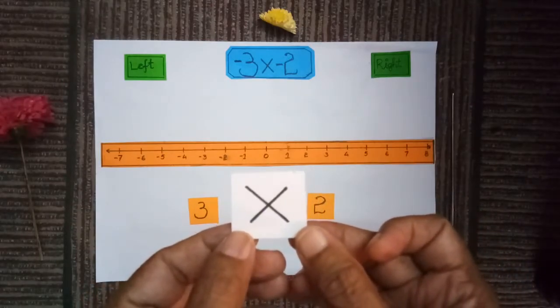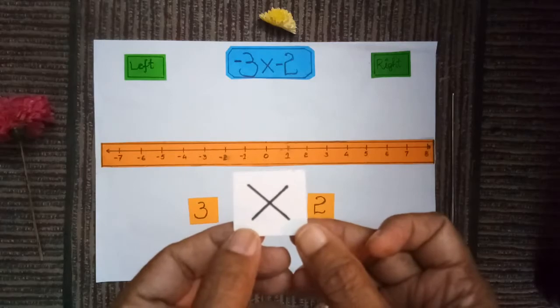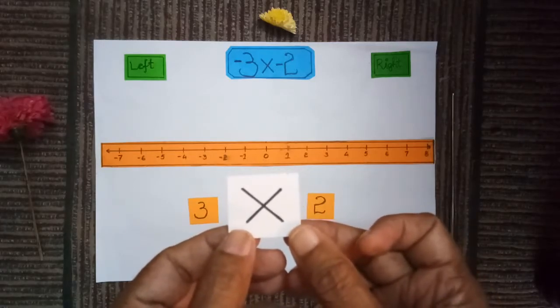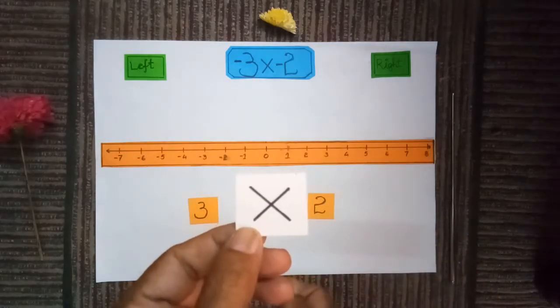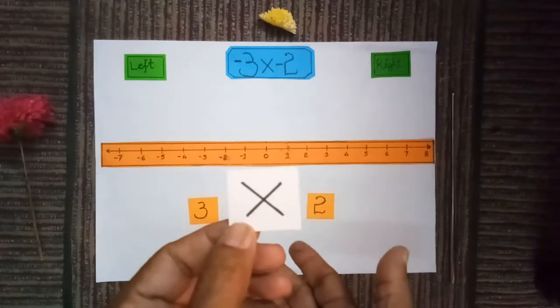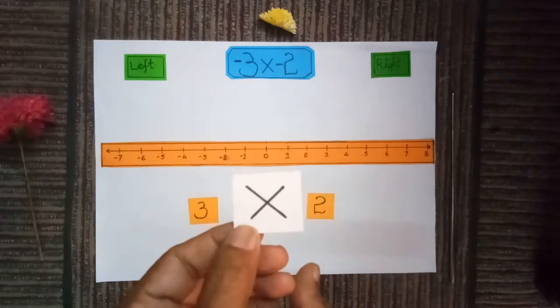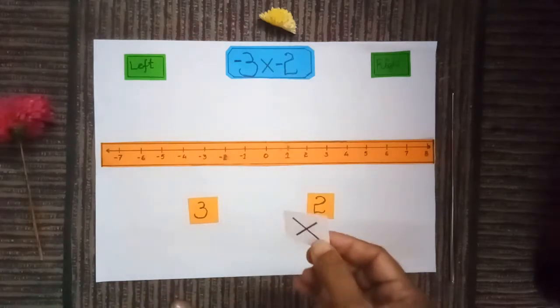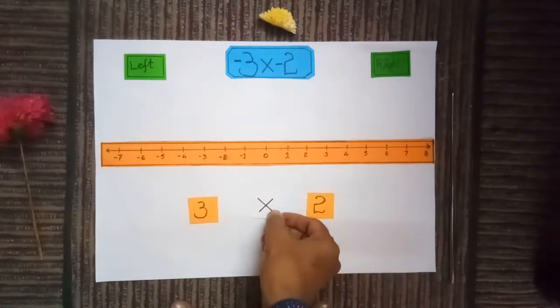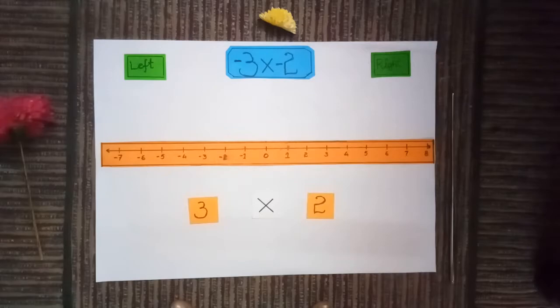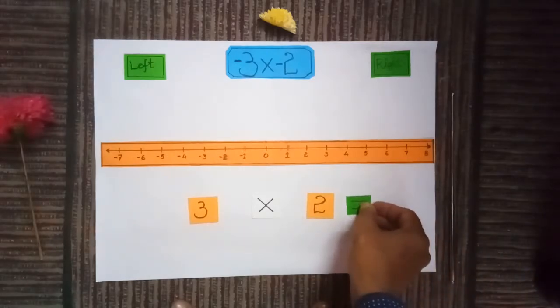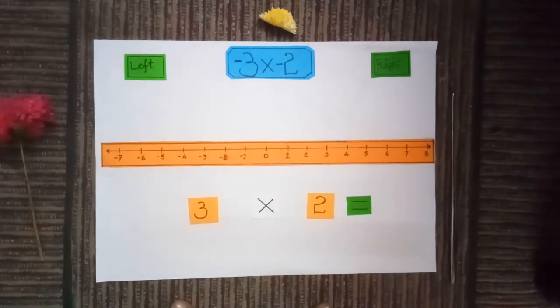What is multiplication? Multiplication is nothing but the short form of addition. So let us try to multiply 3 and 2. We know that it is very clearly equal to 6.